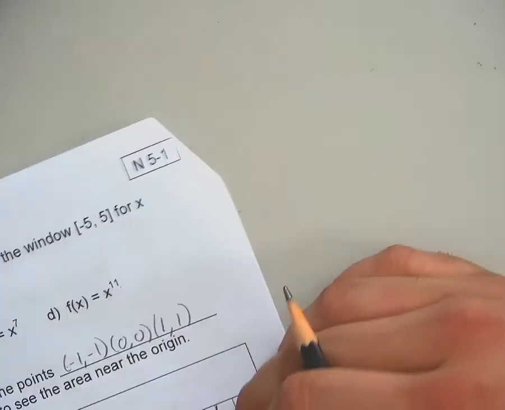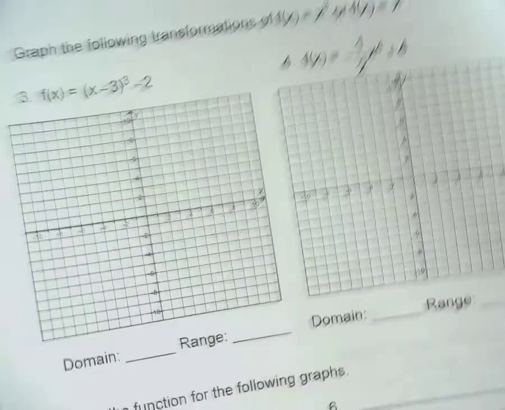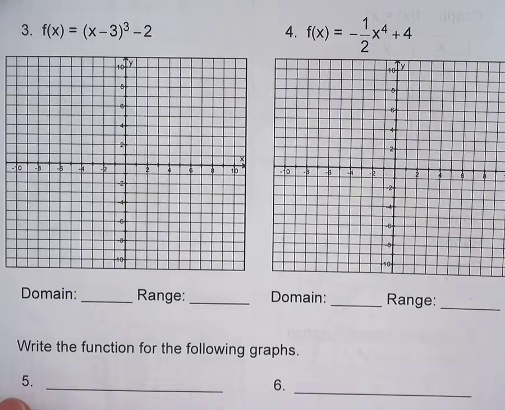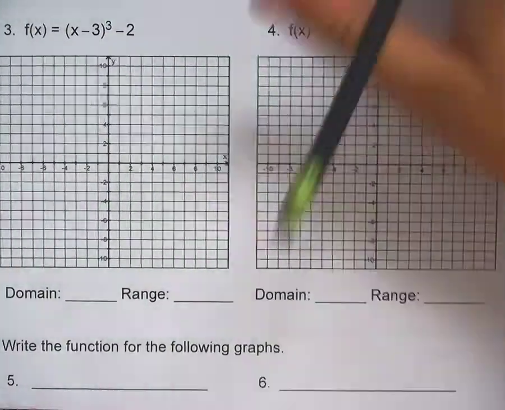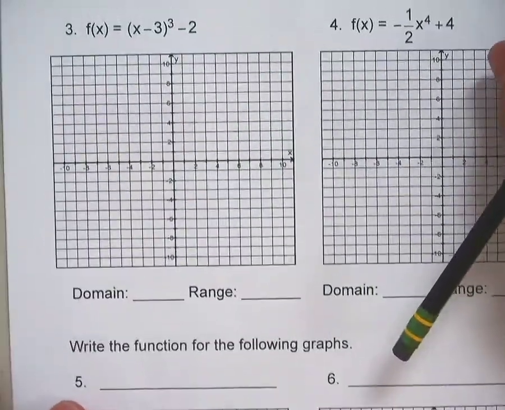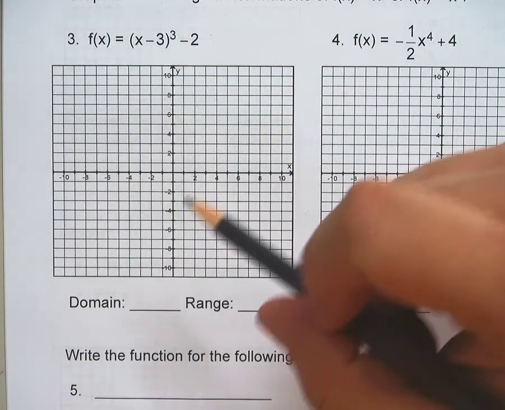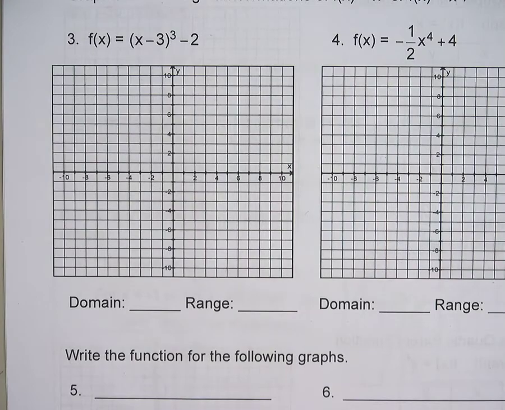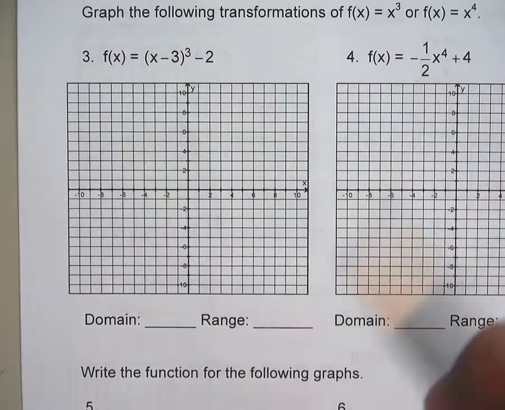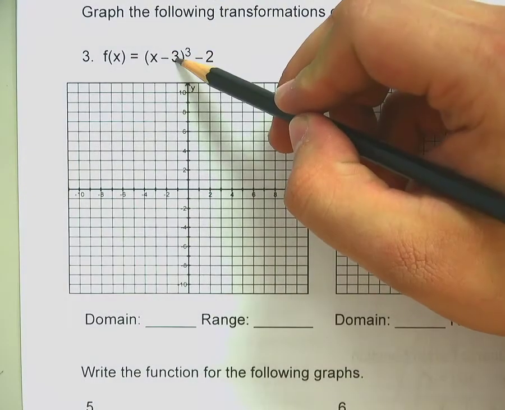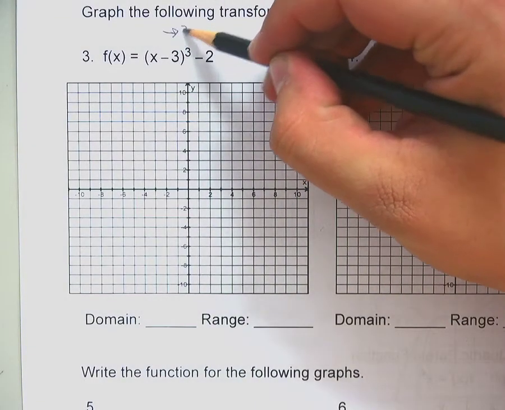So flipping over to the last page here. All right. Going to the last page, we have x minus 3 cubed minus 2. Now, the vertical shift, horizontal shifts, they all stay the same, okay? So for number 3, this still says right 3.